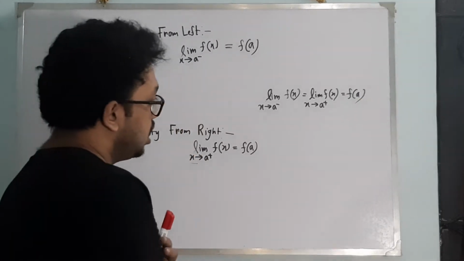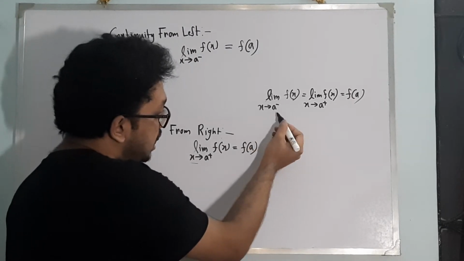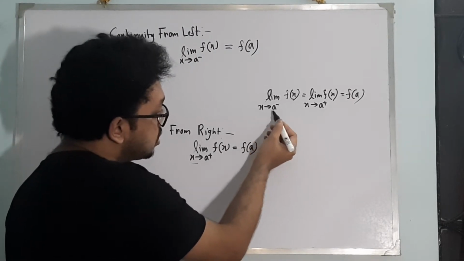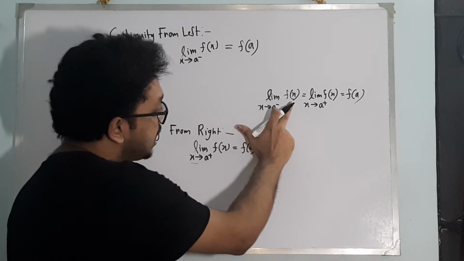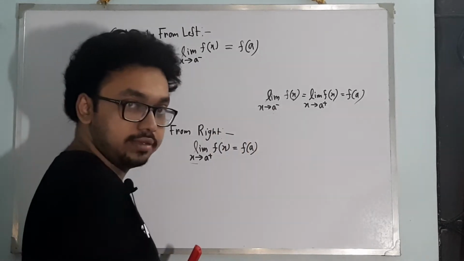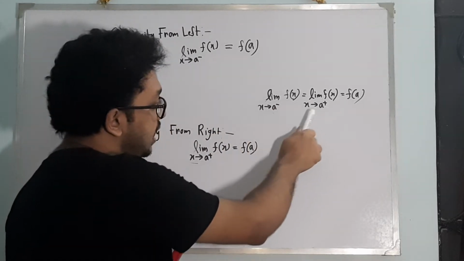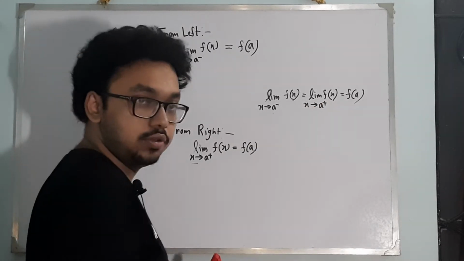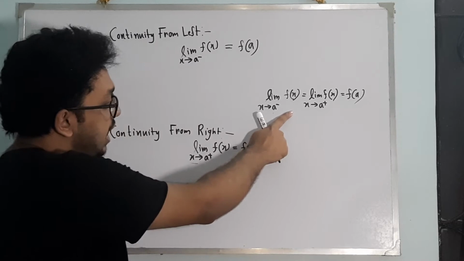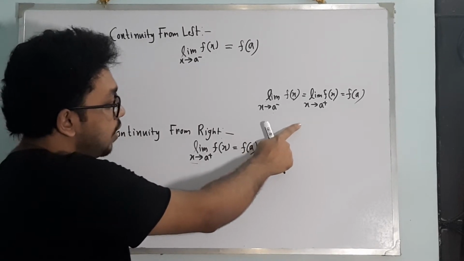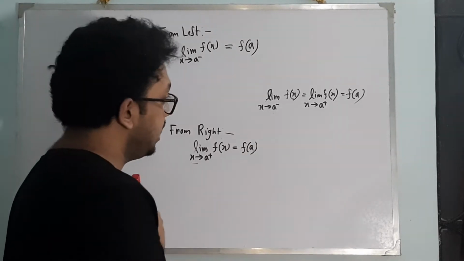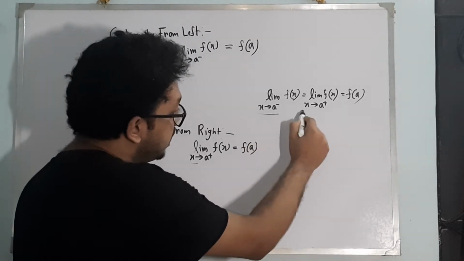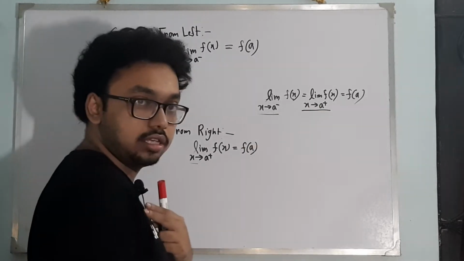Clear? Now observe, limit of f(x) as x tends to a minus is nothing but the left hand limit of f(x) at x equal to a. Limit of f(x) as x tends to a plus is nothing but the right hand limit of f(x) at x equal to a. So you observe that if a function is continuous from left as well as continuous from right, then the left hand limit is the same as the right hand limit at x equal to a.